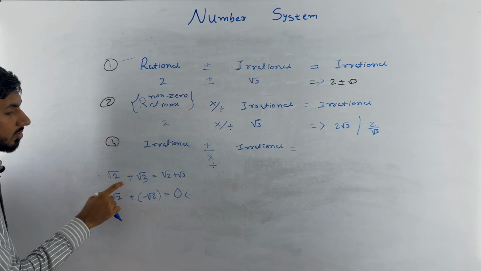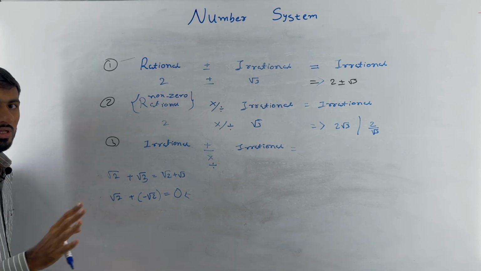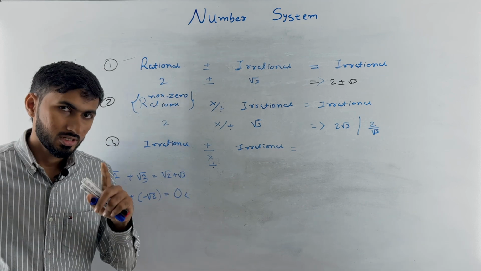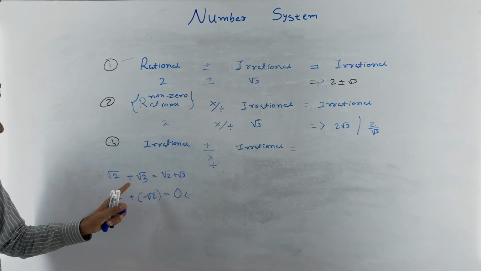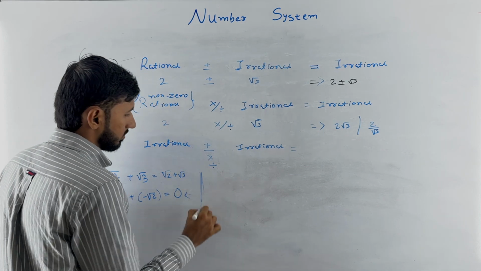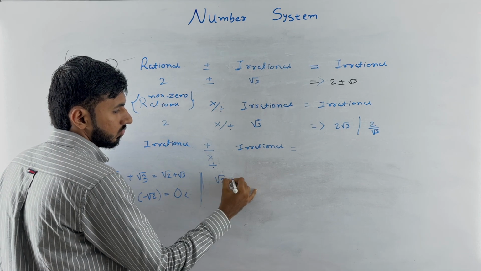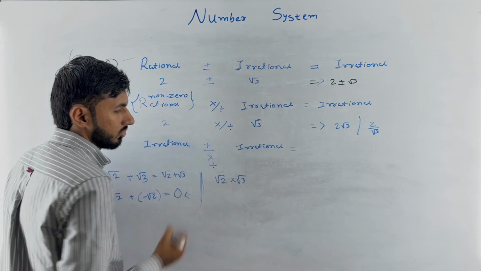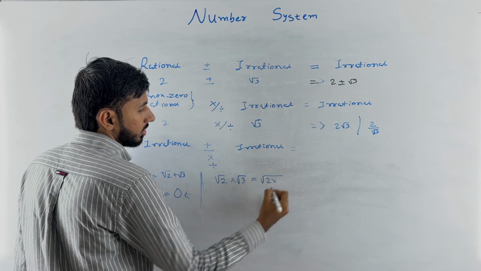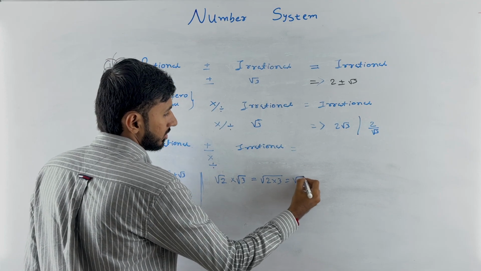Same way we can talk about subtraction, as I have said earlier that subtraction is one part of addition. Same way we will talk about multiplication. Let me take root 2 multiply root 3. My answer will be the square root of 2 multiply 3, that is root 6.